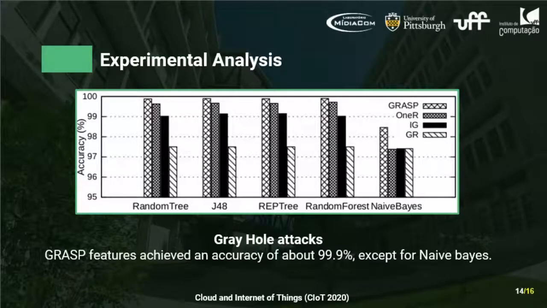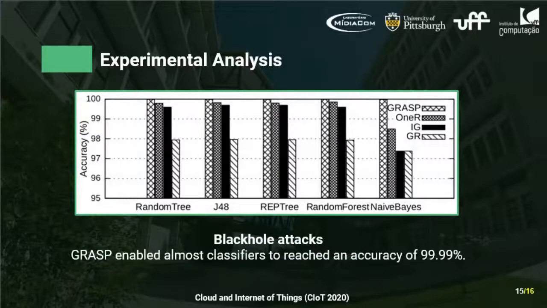However, for all algorithms, GRASP features are better than other features. Finally, for black hole attacks, GRASP also achieved the best feature subset for all algorithms, and for almost all classifiers, accuracy was above 99.99%.